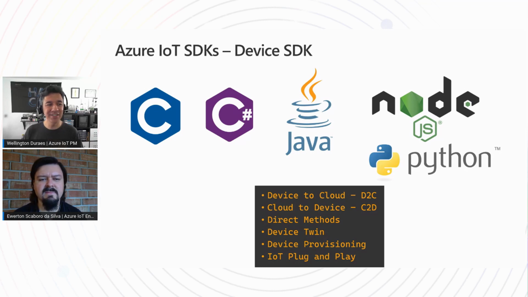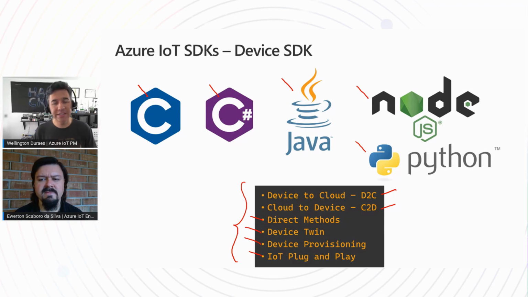So here, as you can see, we have the C SDK, we have the C# and Java SDKs. These are potentially for machines with full operating systems like Windows or Linux. We also have Node.js and Python SDKs. All of them have in common the fact that they provide the whole set of features for Azure IoT, like, as we're mentioning, D2C, C2D, direct methods, device twin, device provisioning, IoT Plug and Play.